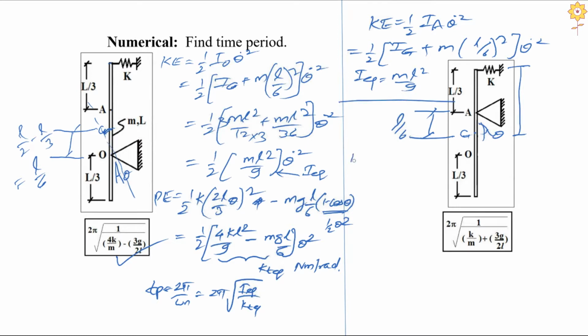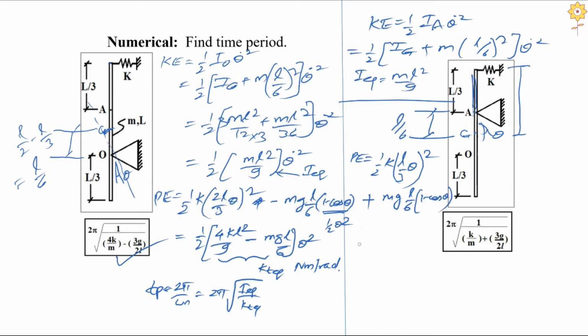And what is potential energy now? So this is a case of a compound pendulum, right? So half into k for the spring into deformation squared. Now deformation over here is how much? L upon 3 into theta, because the pivot has been shifted, squared, and this one lever will be giving me a positive potential now, so it should be plus over here, and this should be mg into L upon 6 into 1 minus cos theta.